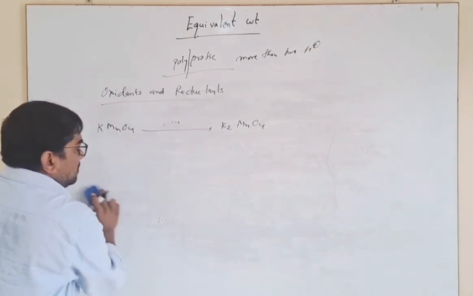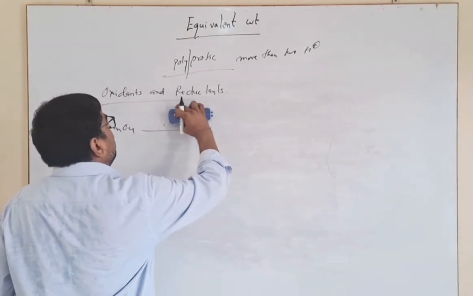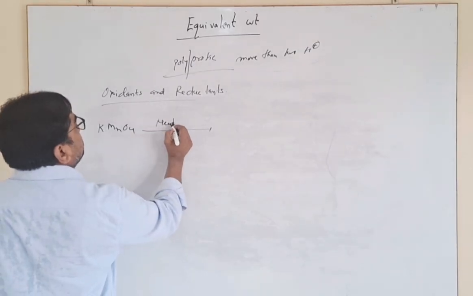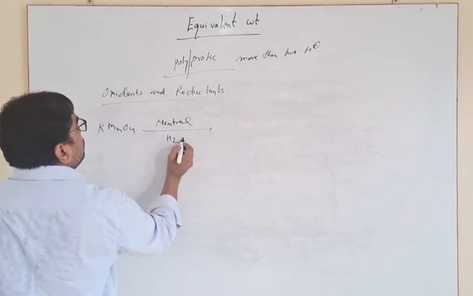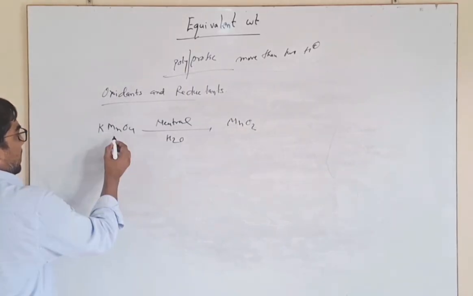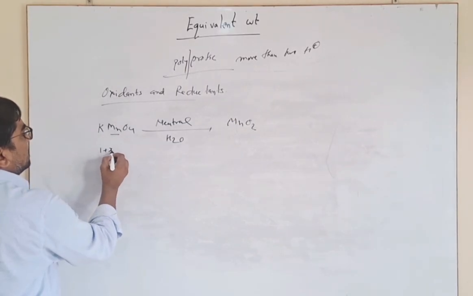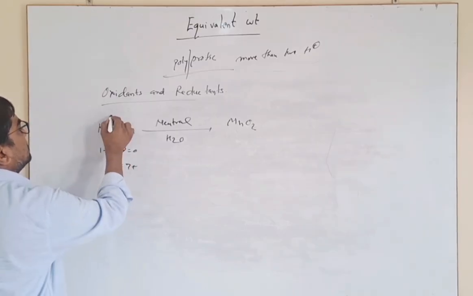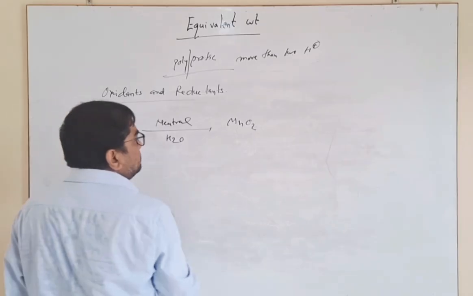Now, change the condition of KMnO4 again. Now neutral. In neutral medium, like H2O, it gives MnO2. Again, from here 1 plus x minus 8 equal to 0, so x equal to 7 plus. This is 7 plus again.